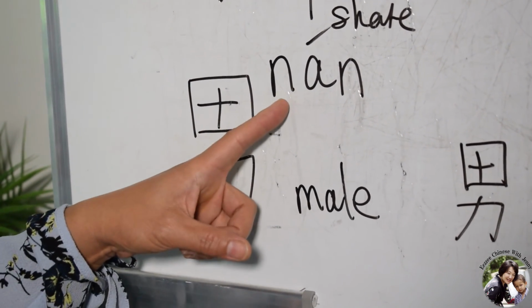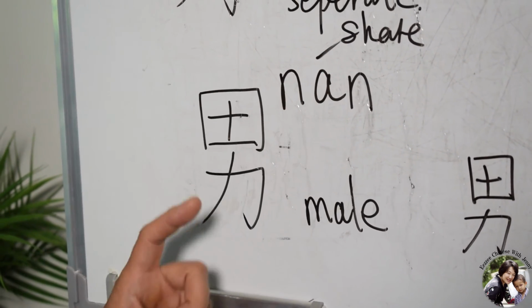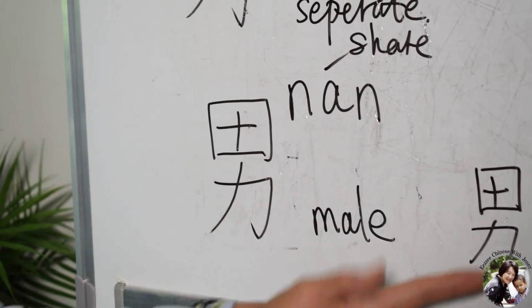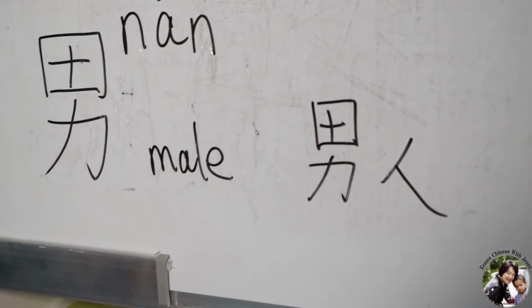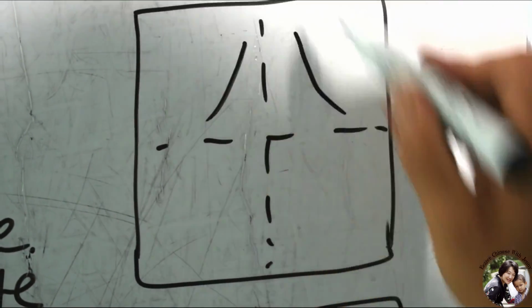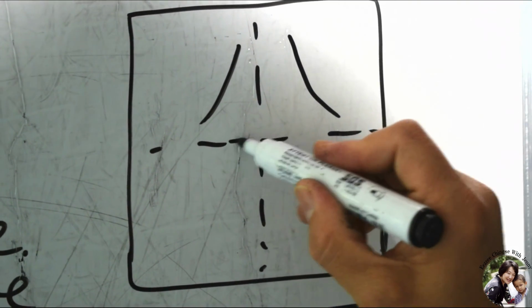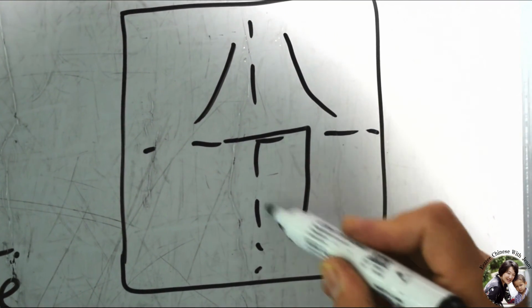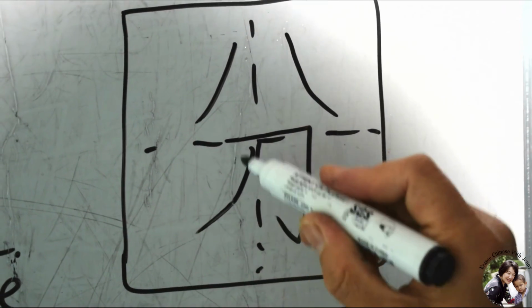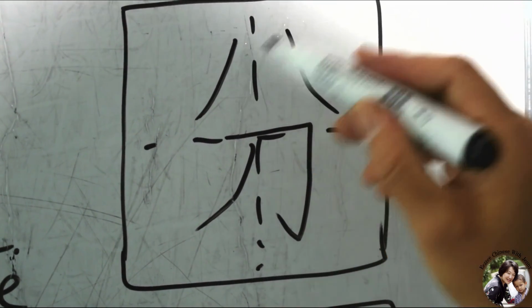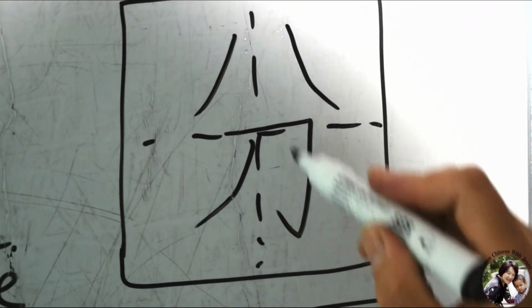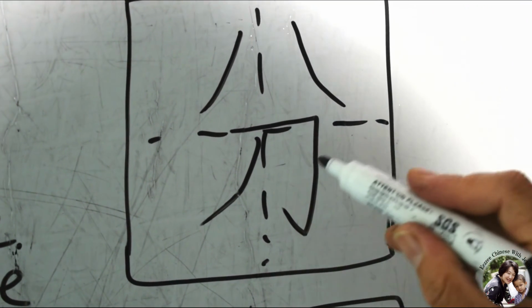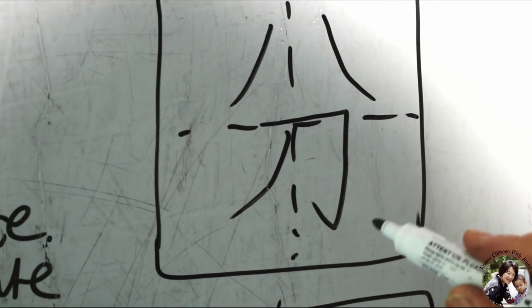The pronunciation is nan, second tone. Nan, you say 男人, which means male. 一撇一捺, upper part. 横折钩撇, lower part. So 八 on the top, 刀 on the bottom, 分, separate or share.